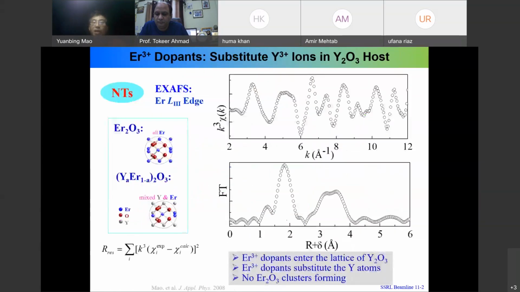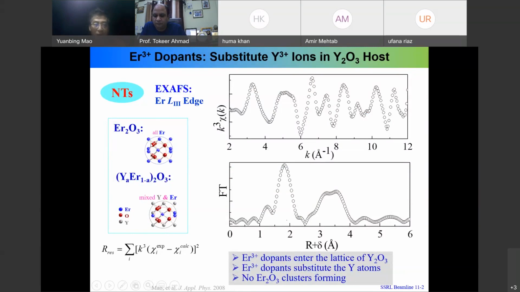And then other than that, the other technique related to X-ray absorption spectroscopy is really to understand the dopant environment. So we use the X-ray, we use the EXAFS to do that. And then, of course, to do that, we build these types of models. The first one is the erbium oxide.